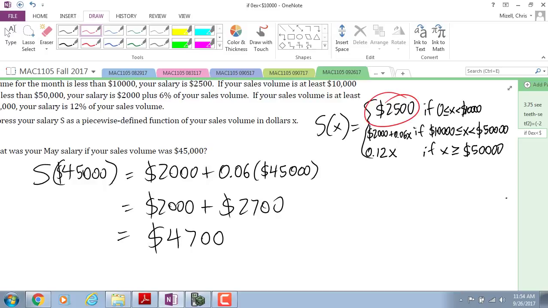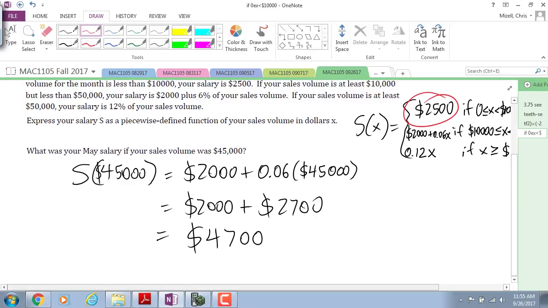It'd have a slope of 0.06. So it would be $2,000 plus 0.06x, so it would go up a little bit. And then after that, it gets steeper from that point, 0.12x. It would pick up from there, and if your sales are way up beyond $50,000, then 12%. So that's lots of incentive to maximize your sales in a given month.